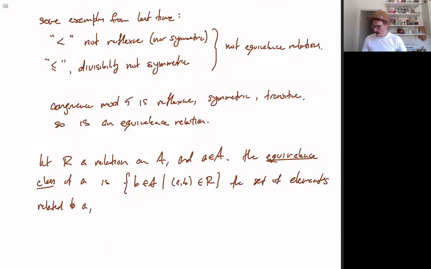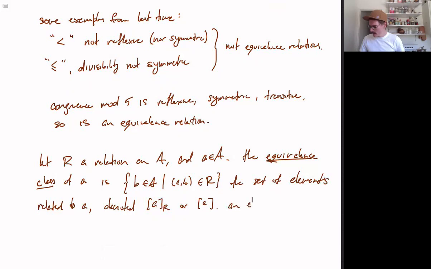And I should say it is denoted by putting brackets around a with an R to denote the relation, or if the relation is clear, just brackets. It's useful to be able to go back and forth between thinking about the whole equivalence class and thinking about specific elements of the equivalence class.